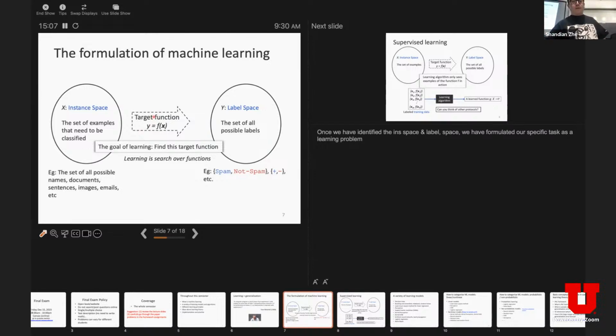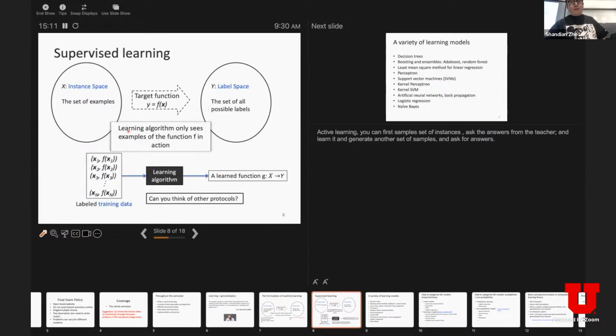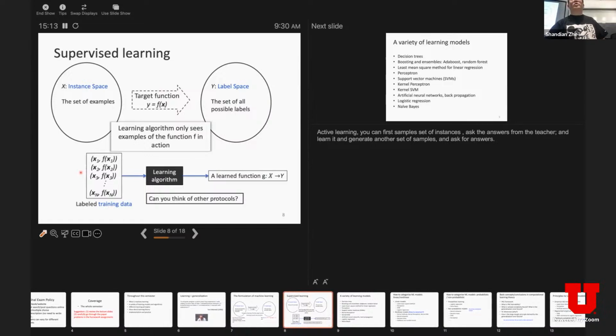So basically, the learning is that we collect a set of examples, which we call training examples. In the supervised learning framework, each training example is a pair of an instance and the label generated by the target function.